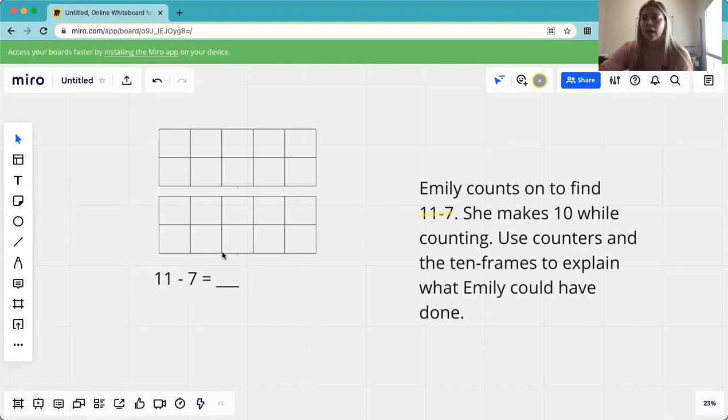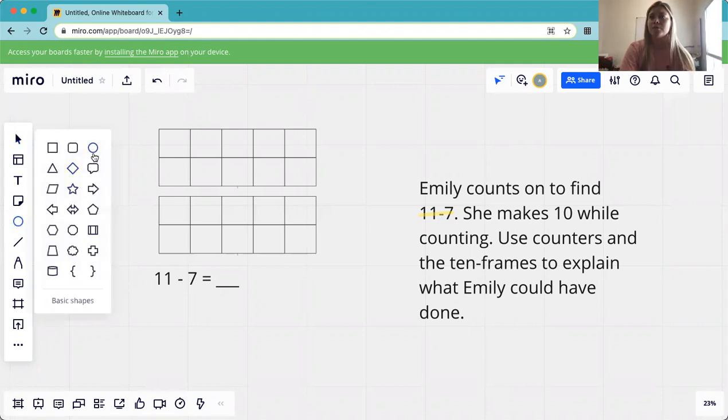I want to start out by putting my 7 counters. I'm going to make sure this time that I color coordinate them to help us out.